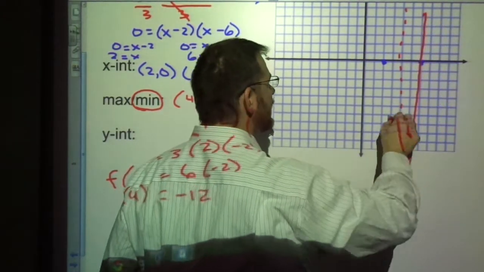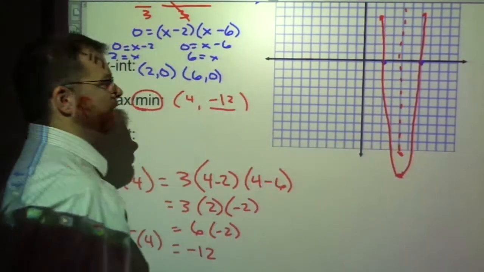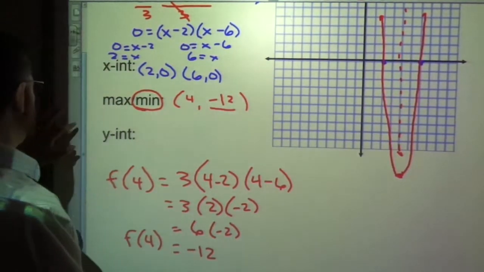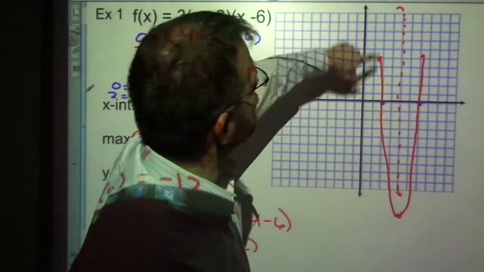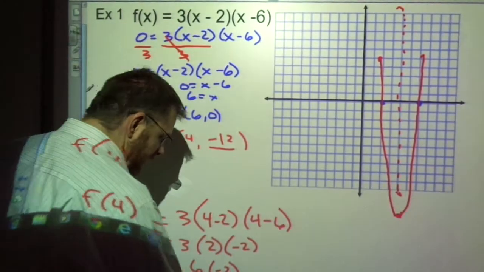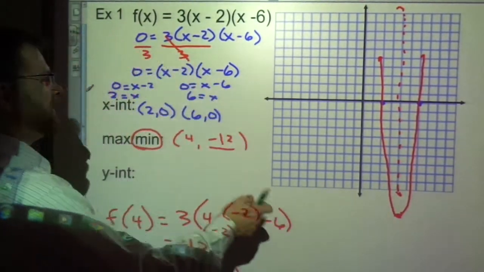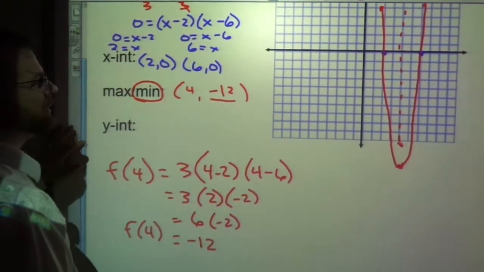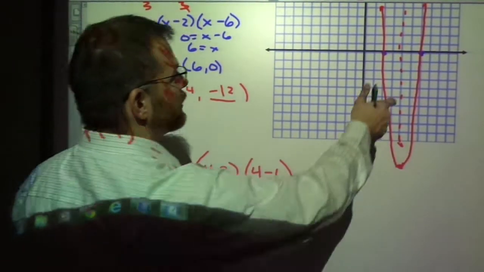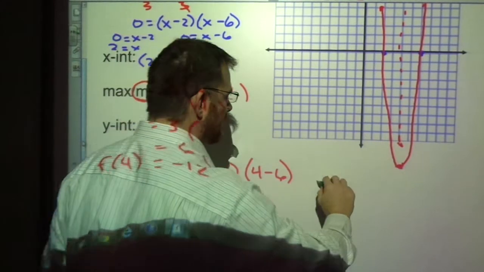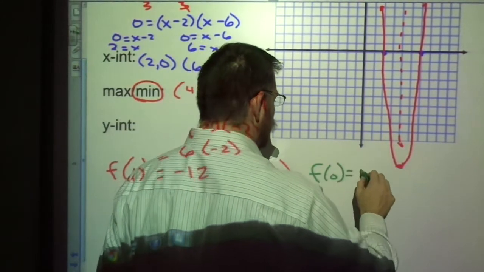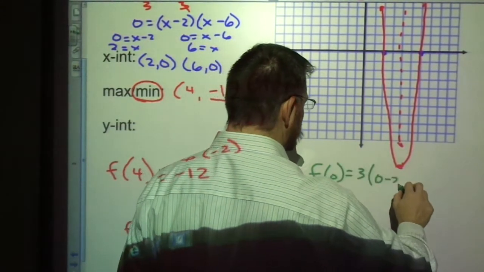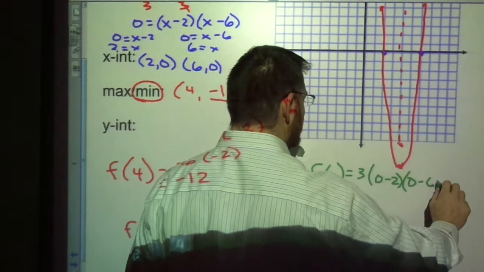It's going to be very skinny because the front number is 3. Now my y-intercept is probably going to be off the graph too. It's going to be really high up here. I can find that by letting the value of x be 0. I can see when x is 0, what's the height of the function. So f of 0 is 3 times 0 minus 2 and 0 minus 6.